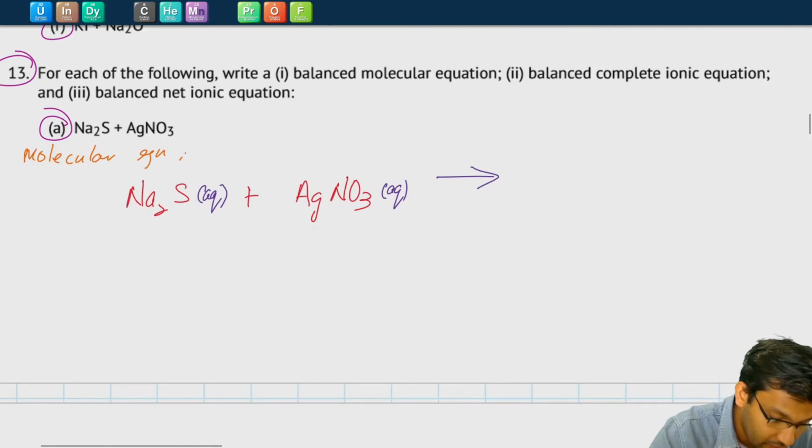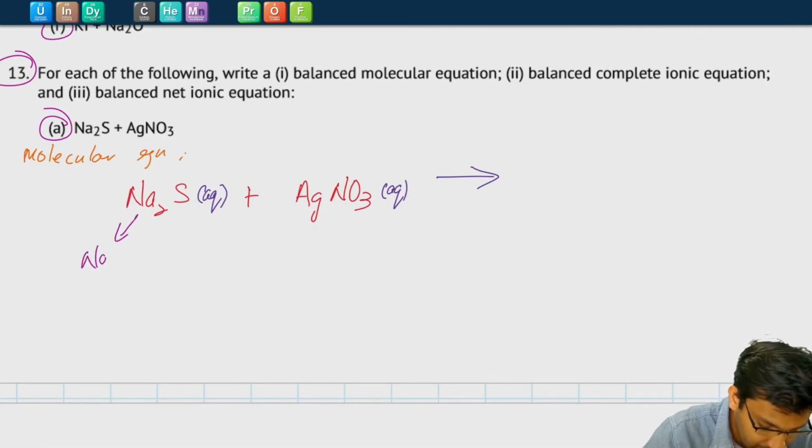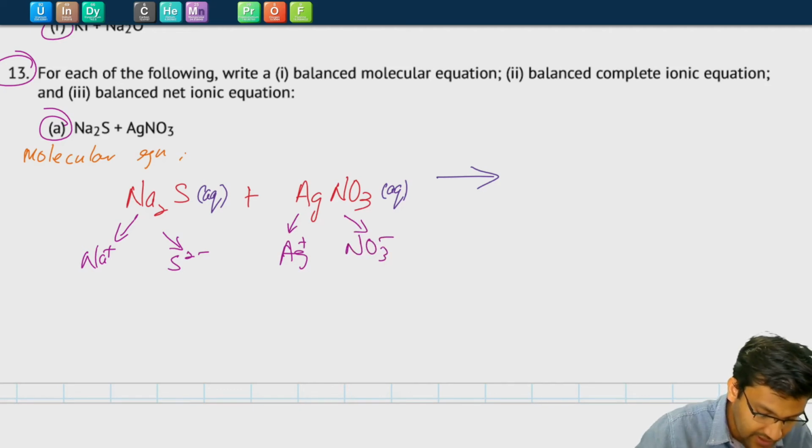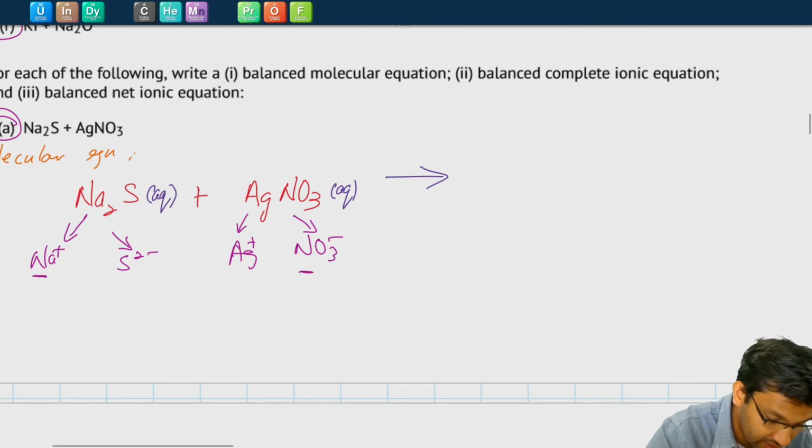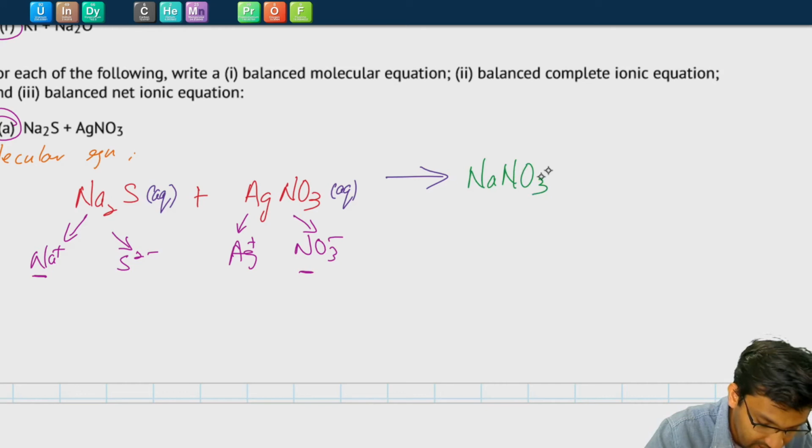All right, before we can write the products, let's figure out what ions these come from. So sodium is Na plus, sulfide is S2 minus. Here we have silver is Ag plus, and nitrate is NO3 minus. So let's exchange the ions. The positive from this one and the negative from this one will give us sodium nitrate. And if you're wondering, it's all aqueous because sodiums are soluble and nitrates are always soluble.